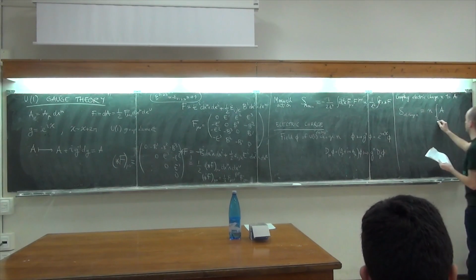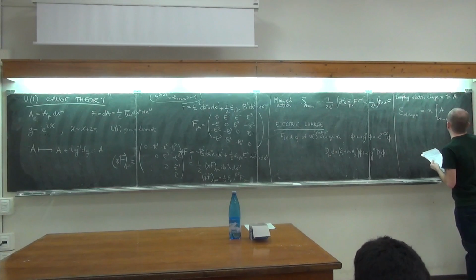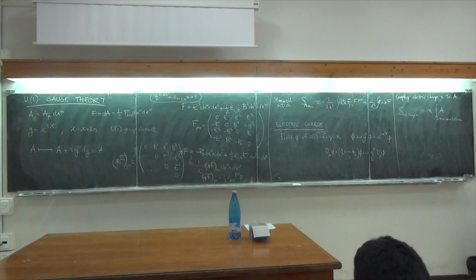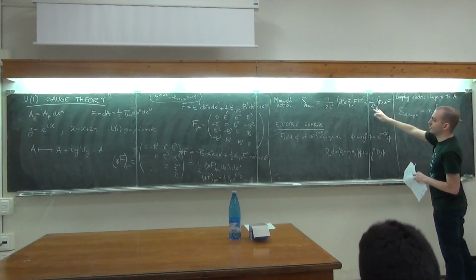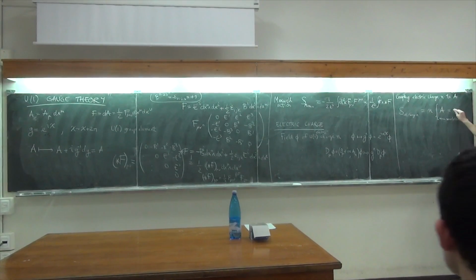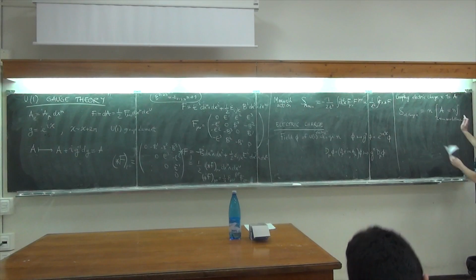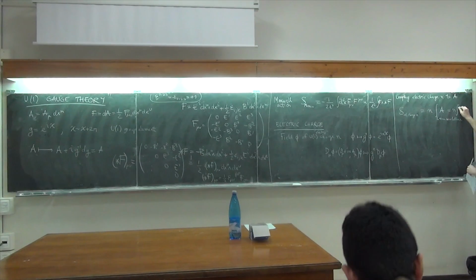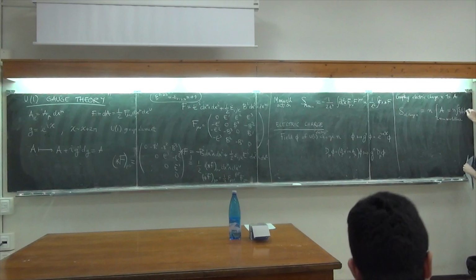Okay, so this is the world line. And so since in a second we're going to derive equations of motion, let me write this as an integral over the whole space as follows.